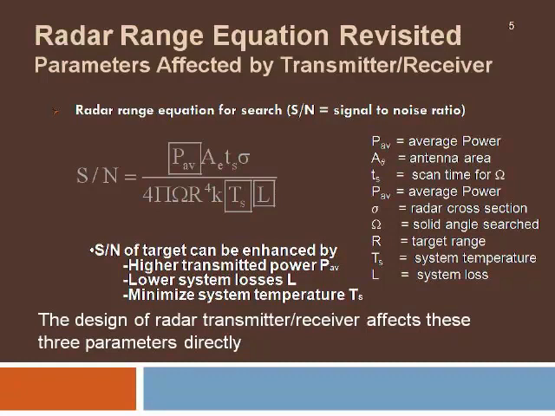Here the average power, the system noise temperature and the system losses must be taken into account while designing the transmitter. If you want a high signal to noise ratio, we need to transmit very high power and see that the system losses are very low, and receiver noise temperature must be as low as possible. So these three parameters affect the design of the transmitter cum receiver.